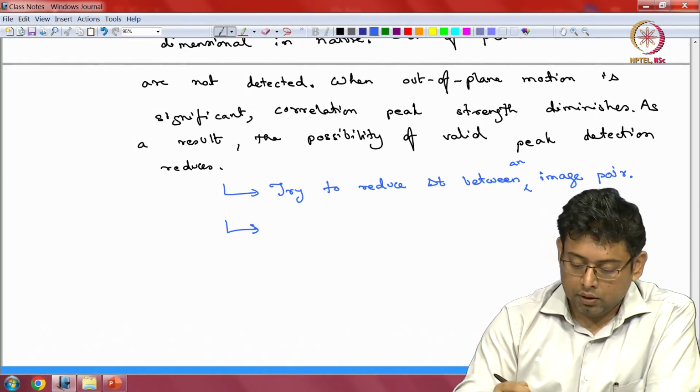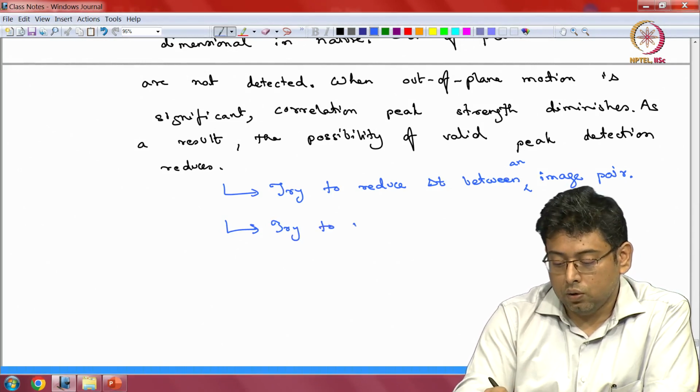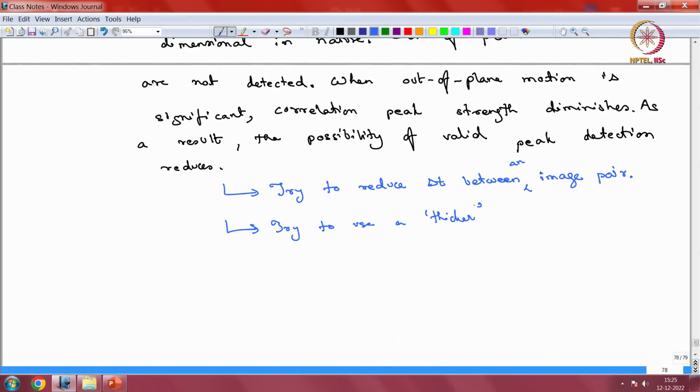So one other thing could be to try to use a thicker, and I'm just going to put thicker in quotes because what exactly is thicker is something you have to decide in a given situation, try to use a thicker laser sheet to accommodate out of plane motion.